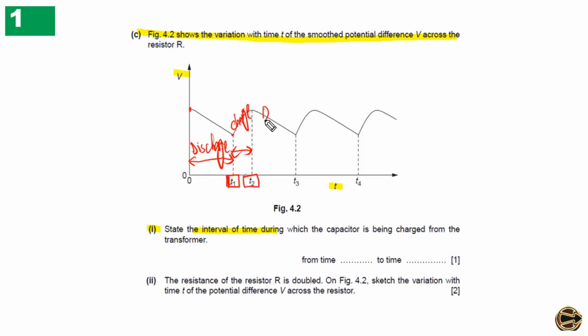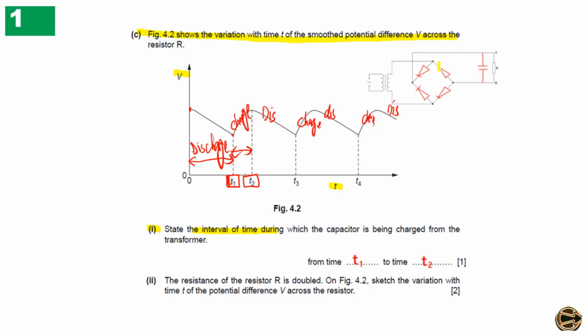Here the capacitor is discharging, here it is charging, and here again discharging, and here charging, and again discharging, and so on. So the time interval from T1 to T2 is the answer. This is how we can answer this question. Also, this circuit is coming from part B.